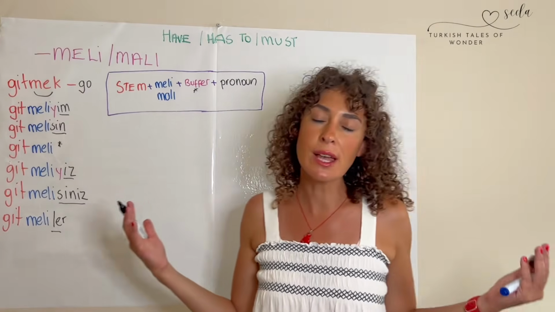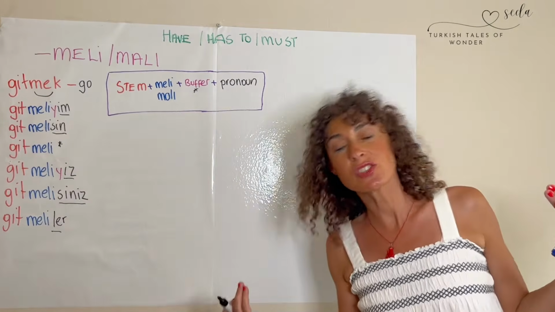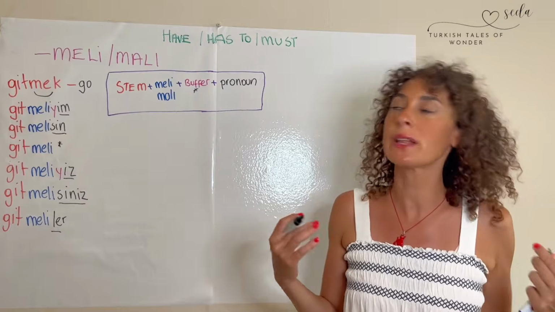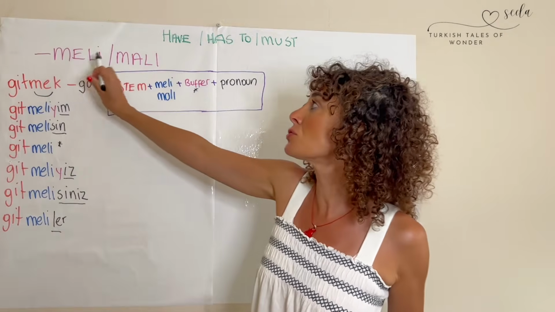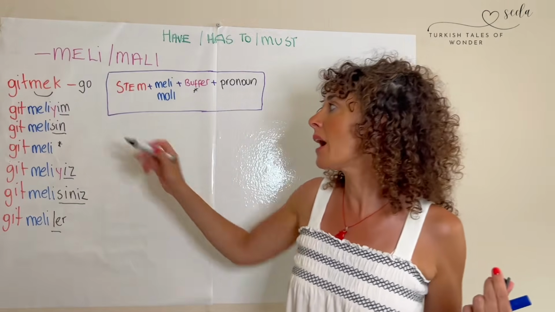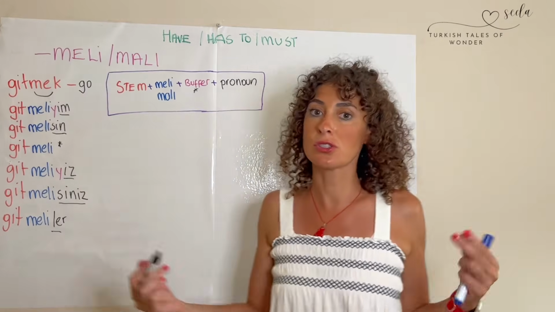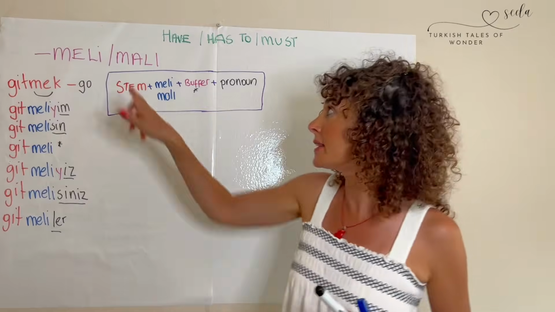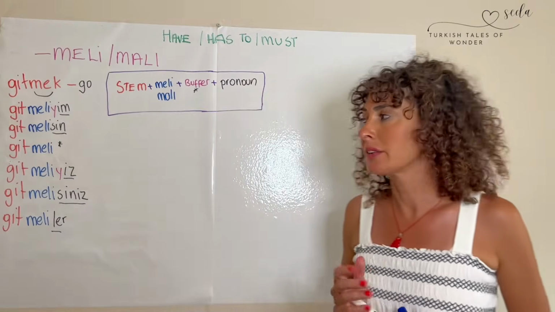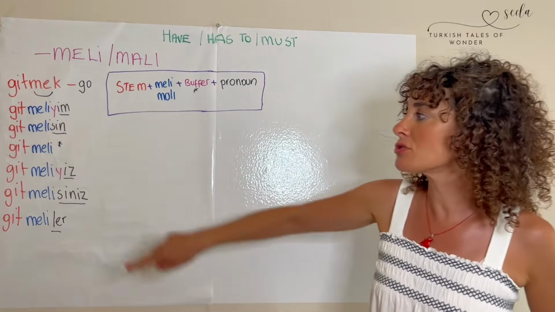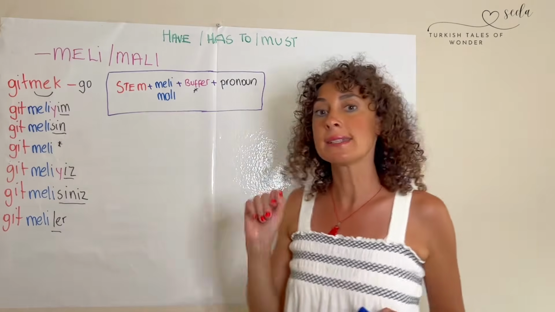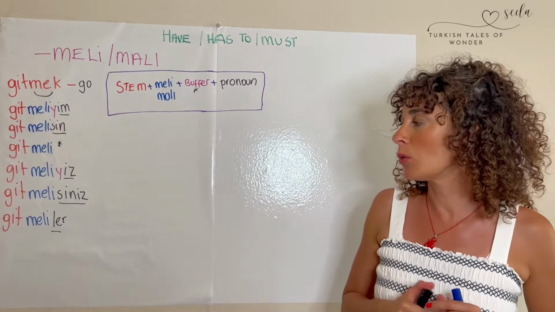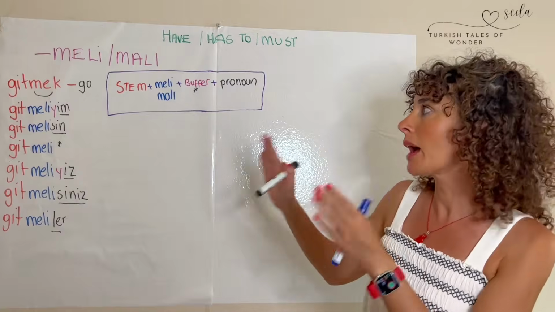Of course, these pronoun suffixes can change according to vowel harmony rules, but in this case, since we have two different sounds, we have two different versions of this. I will give you another example with malı, so you see both versions. And as you can see, the third person singular one is just the stem and meli or malı.